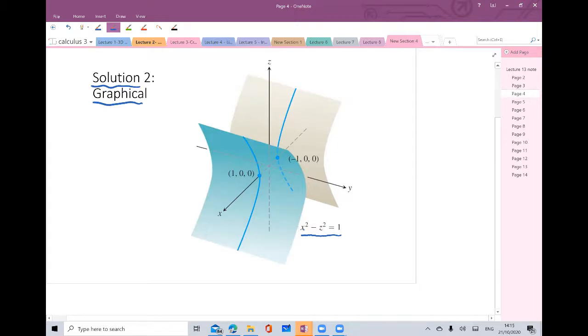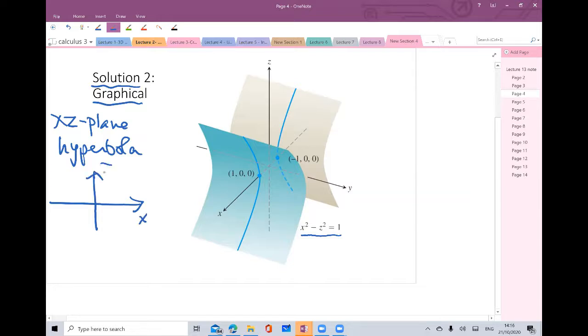When I do my traces, I'll find that in the XZ plane I have a hyperbola that has a vertex on the X axis. If Z is equal to 0, X is plus or minus 1. So it starts from here, and I have this hyperbola. You agree with this? This is in the XZ plane.